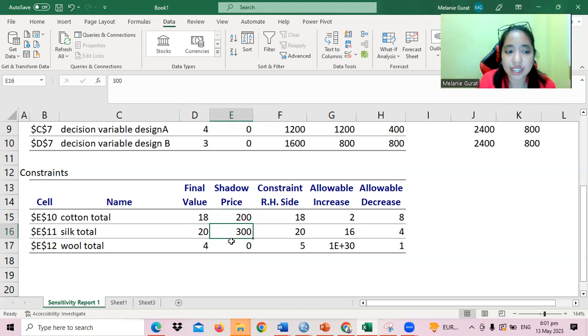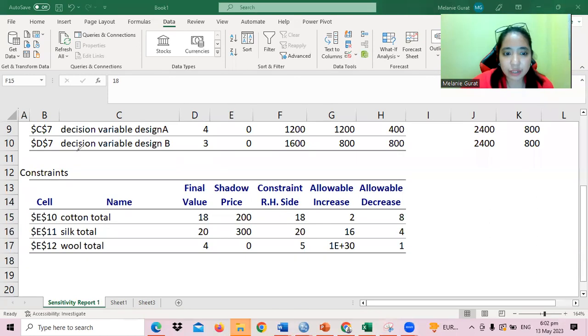The same with the silk. This is also the increase and decrease if we increase or decrease the amount of cotton, silk, and wool that will be used, in square meters. The constraint RH side, we are again familiar with, because these are the available resources. As indicated in the table, we have 18 square meters of cotton, 18 square meters of silk, and 5 square meters of wool.